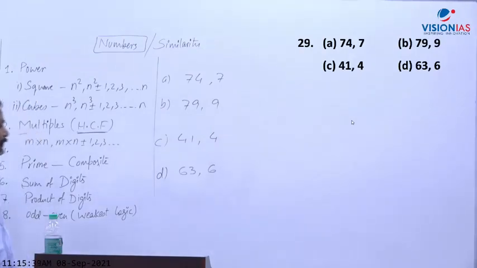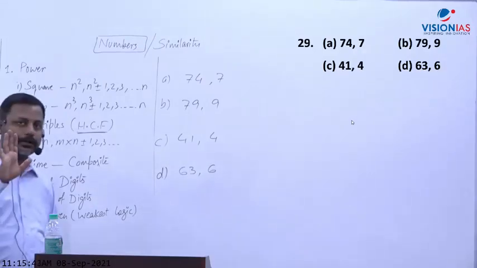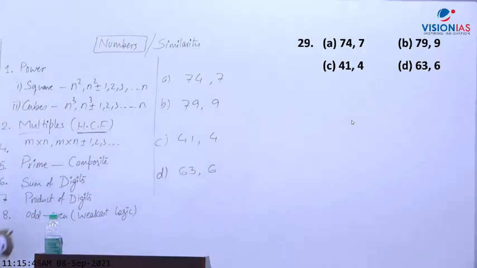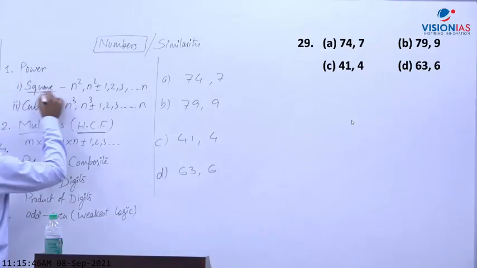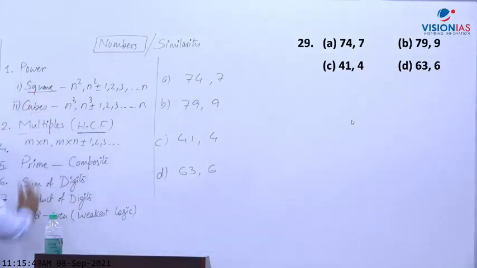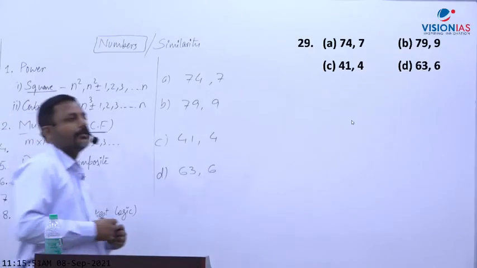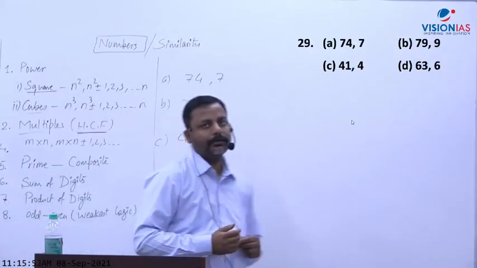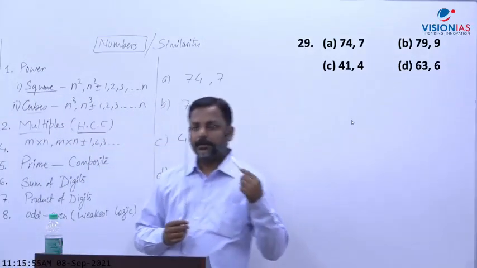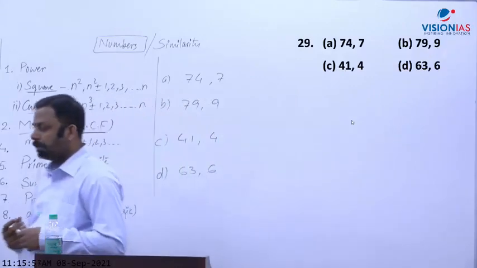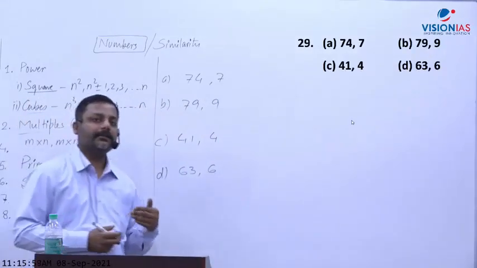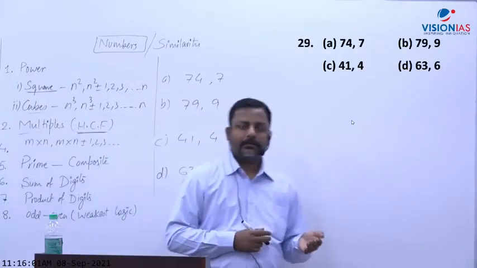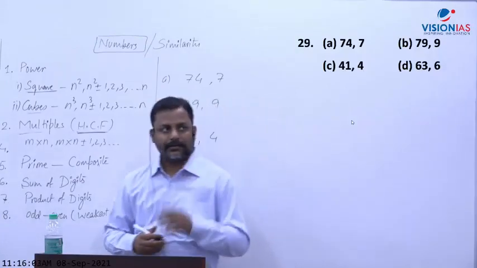See, Suraj, when we apply the logic of powers, the first logic should be the case of squares followed by cubes. So at first we will try to apply the logic of powers. In the logic of powers, we will first consider the cases of squares. Then we will consider the cases of cubes.